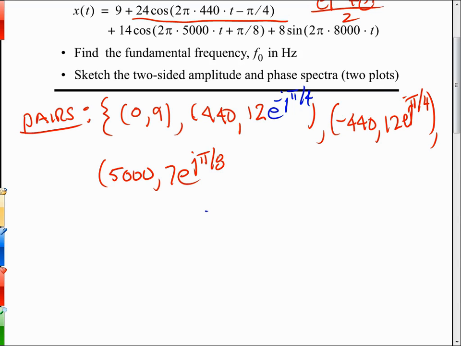I'll just ask Kevin, since he asked the question before, does that follow from what happened before? We carried the minus pi over 4 down from that first cosine term, so now the second cosine term has the plus pi over 8, so we'd be carrying down the j pi over 8. So the next one will be negative 5,000, and then 7e to the minus j pi over 8.